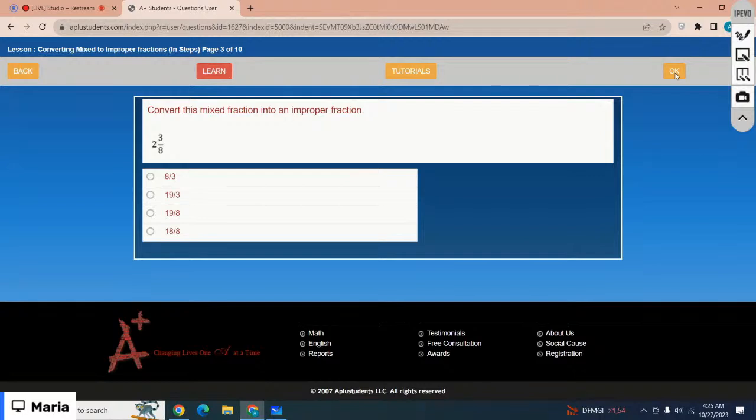The correct option is 19 over 8. Just write the answer once. Okay, the next one is convert the mixed fraction into improper fraction. So which is the correct option?